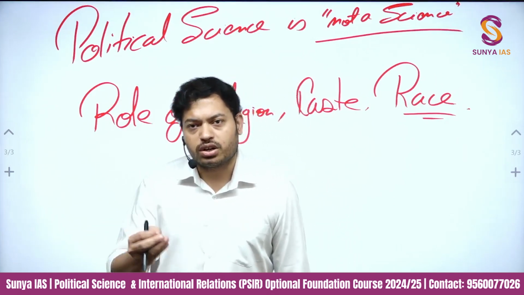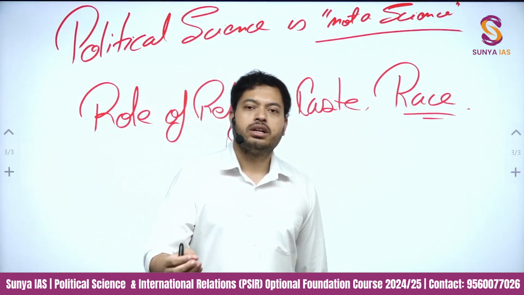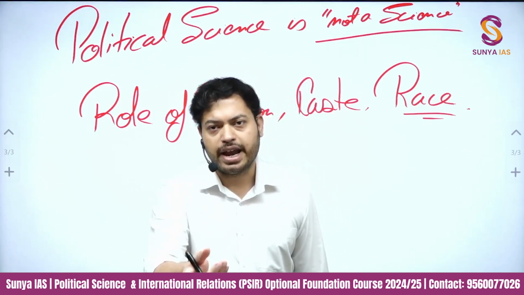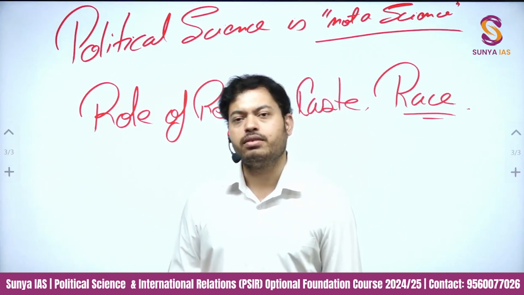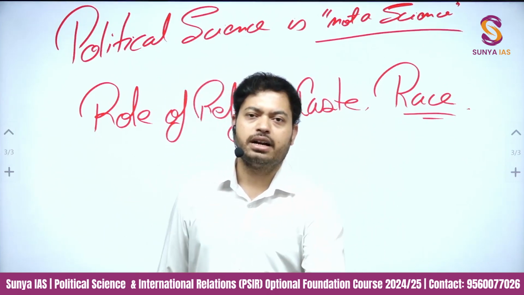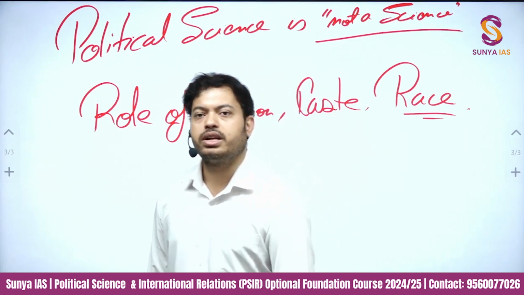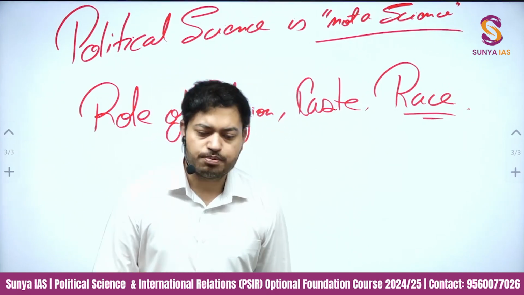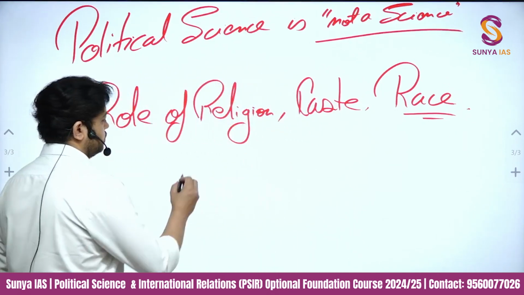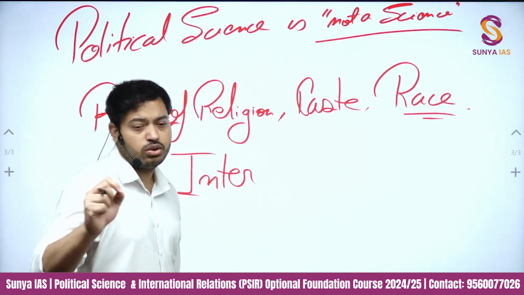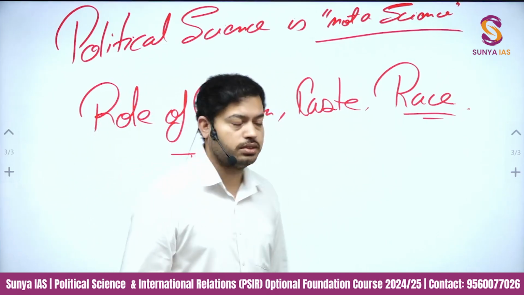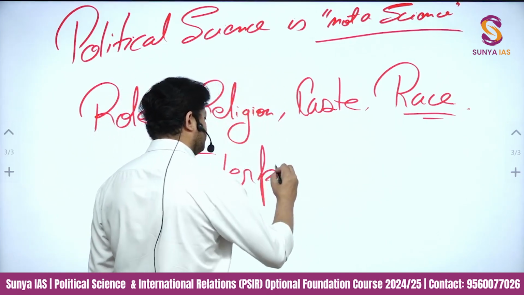When these things are not rational, they are not calculable by any stream of science. And if you consider from that perspective, you can say that political science should not be called a science. This particular idea is called, and you can see in your notes on the very first page itself, interpretivism.